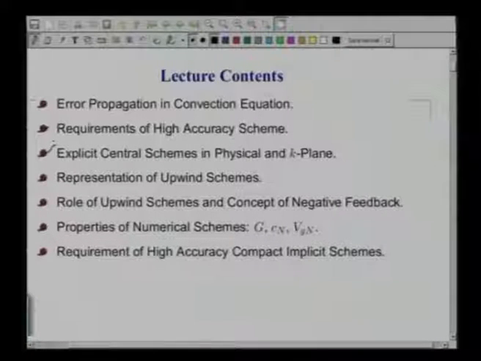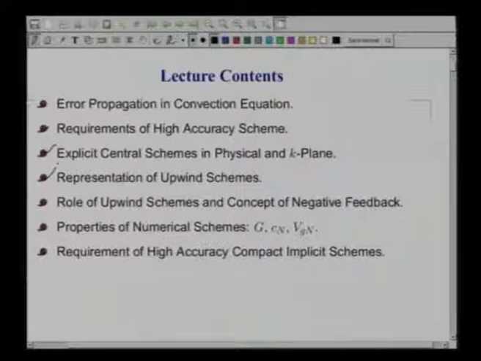We will realize that many a time central schemes by themselves would not be adequate, and we would require some bit of numerical dissipation coming through upwind schemes, and that is what we need to represent, and we will find out what it is.